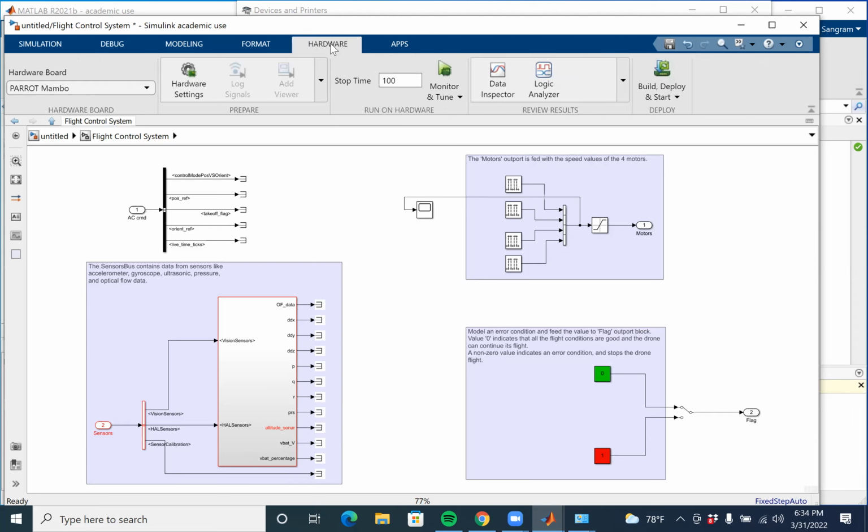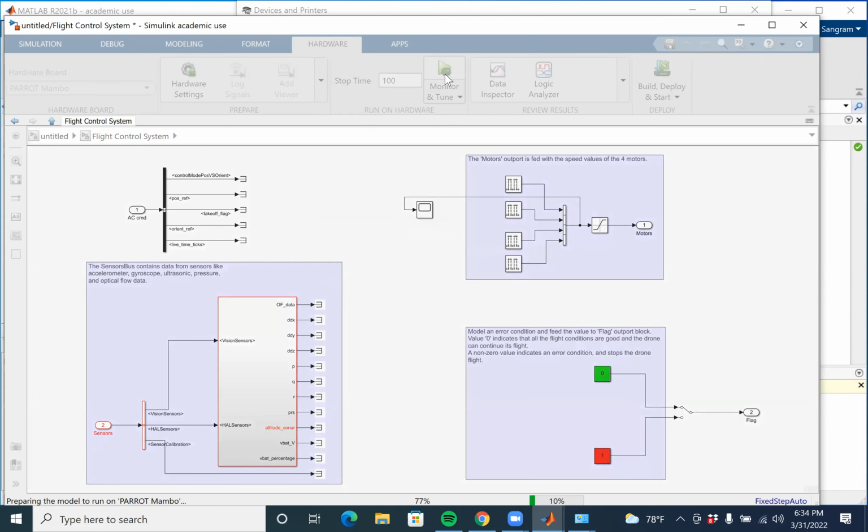After the scope is done, I want you to go to hardware, and now I want you to click not build deploy, but monitor and tune, and the Mambo's eyes will glow red. Check this out. Monitor and tune. Once you do monitor and tune, Matlab will do its thing.